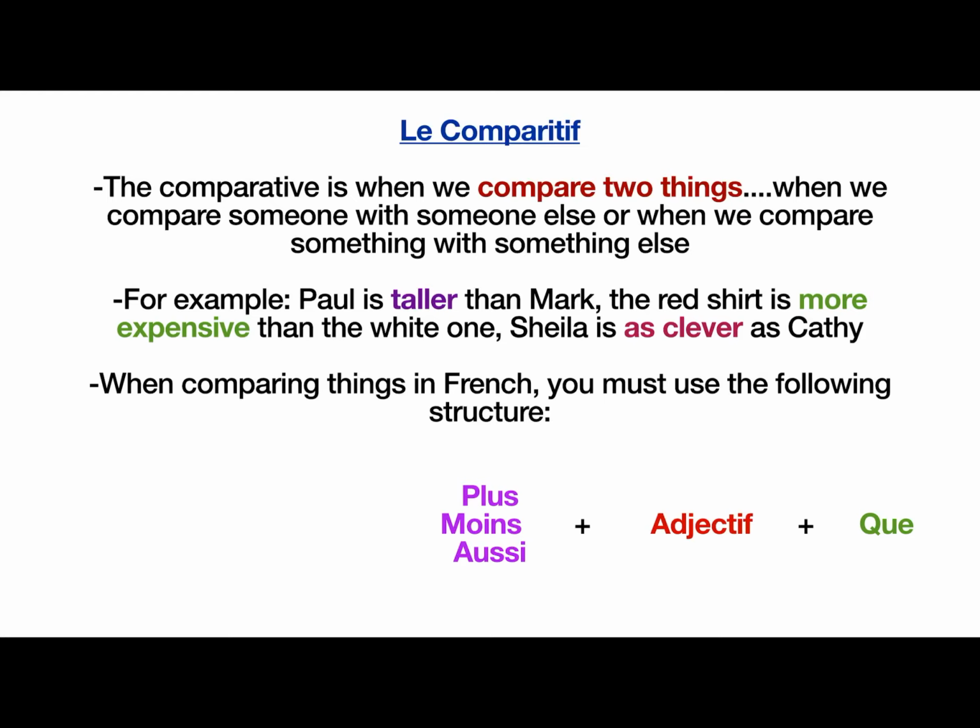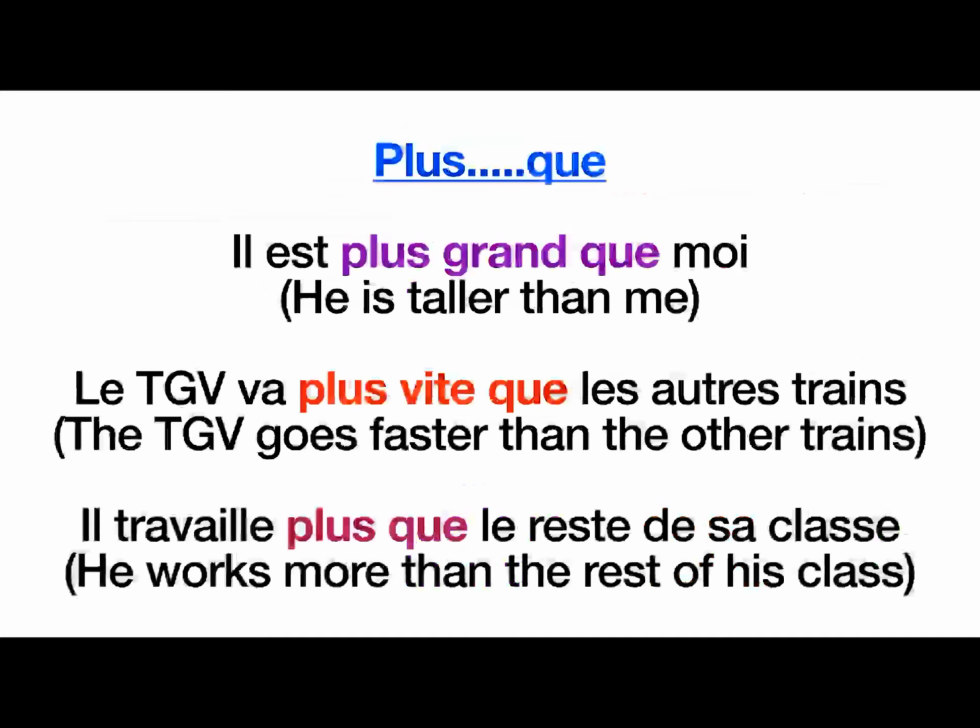So whether it's big or small, intelligent, expensive, shy, chatty, and then you put the word que after it, and that means than. Okay, so more expensive than, less expensive than, as expensive as. Okay, you'd obviously change it to as there. So let me show you some examples.